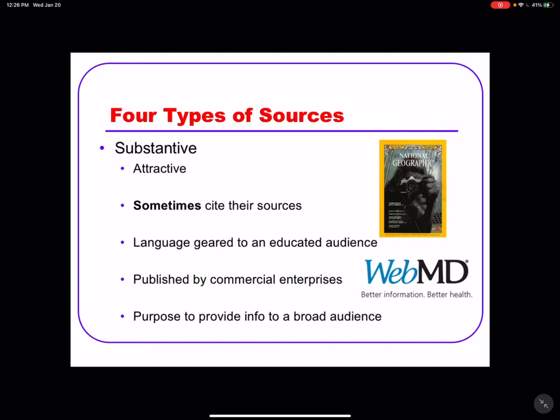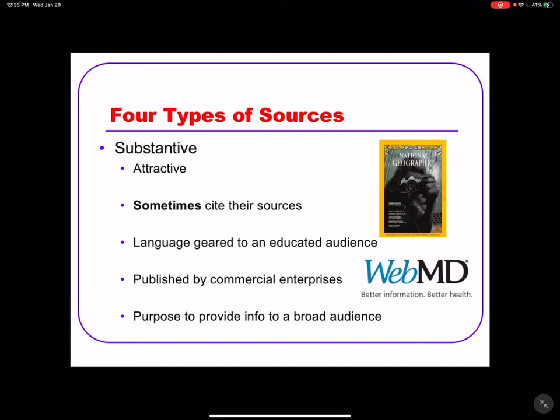Again, like the popular sources that I mentioned before, you might get great ideas, and these are going to give you more information to look up. While, for example, the Today Show might just tell you Dr. Smith from Cornell University, National Geographic or WebMD might cite a couple of scholars that you could look up, or they would give you more information about that person's research and a little more evidence.